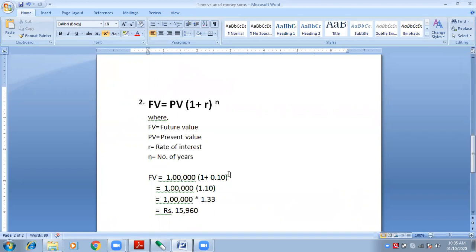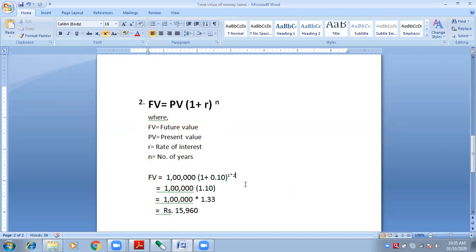Okay. Now, because compounding is done half yearly, for the full year it will become double. If the compounding is done half yearly, that means it is half. Now convert it into full. Full means double, no? So into 2.